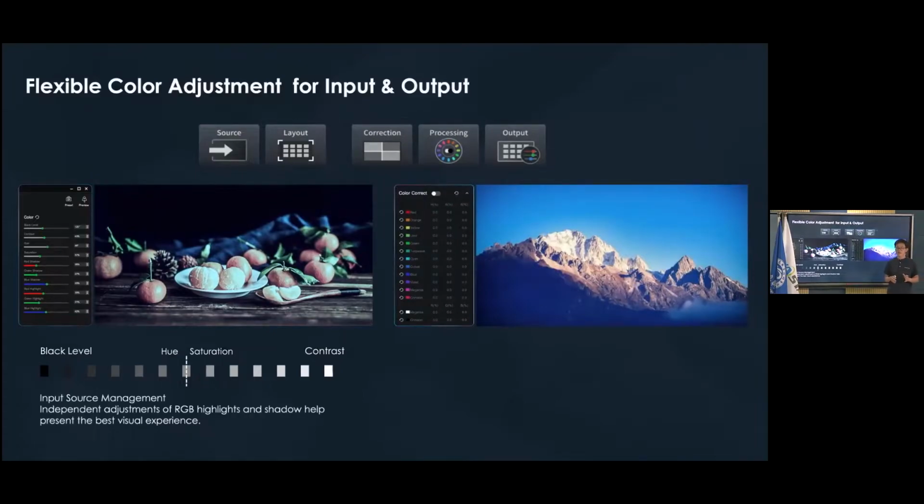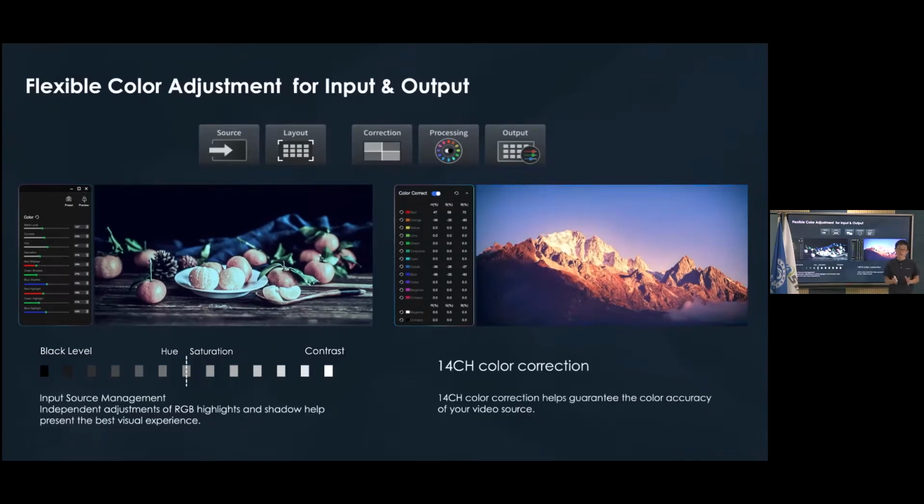Besides the input part, in the output part we also provide more professional tools for color correction. For instance, we provide 14-channel color correction tools, which allow users to get a more precise and accurate color correction with the VMP software, correcting the color to your ideal level.